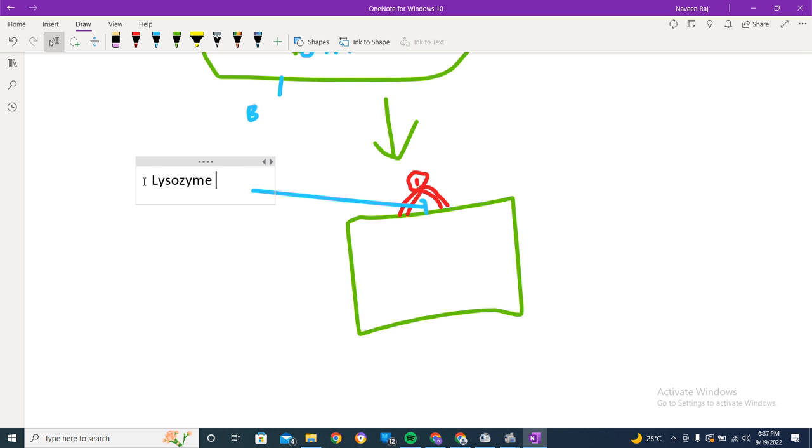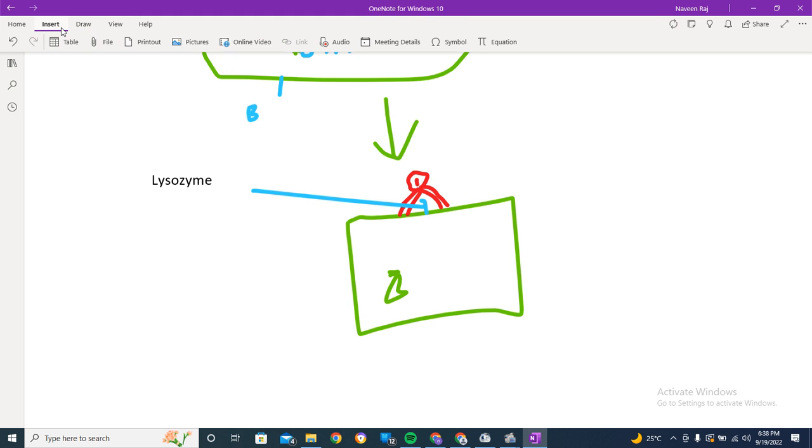Lysozyme is the enzyme that digests the bacterial cell wall and helps in the penetration of the viral DNA into the cell. Here we have got the DNA in the green color, and this is the lysozyme enzyme being released.